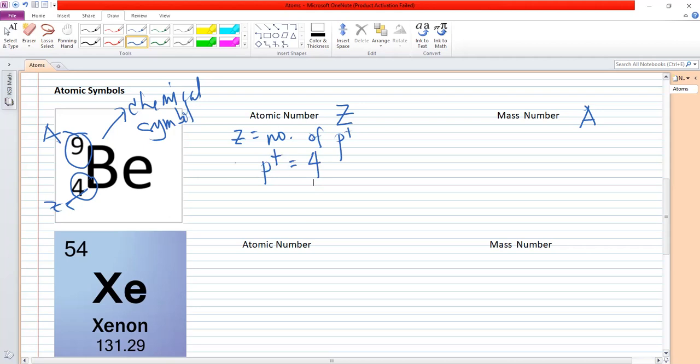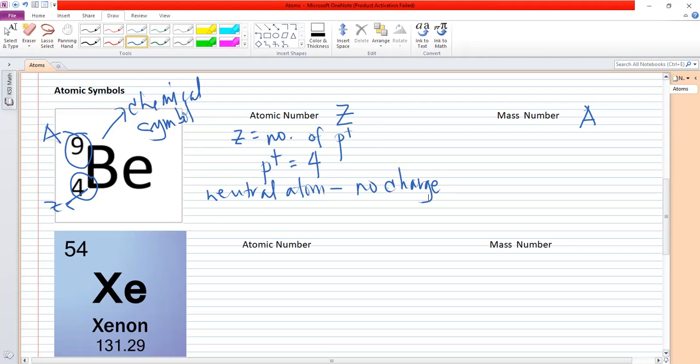Now, for a neutral atom, meaning it doesn't have any charge, so it doesn't have any excess electron or less proton, meaning it's neutral.